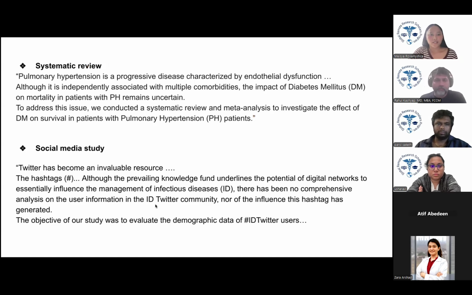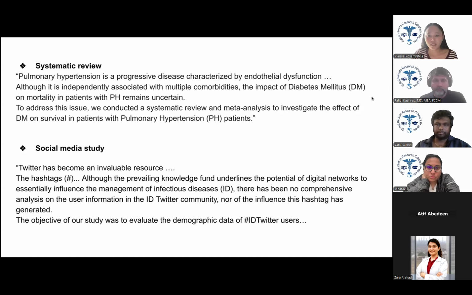Now, let's look at an example of the systematic review abstract from the previous abstract that we saw. Here, they basically described pulmonary hypertension, the general overview. So what was pulmonary hypertension? And then they describe the knowledge gap in a very brief sentence.